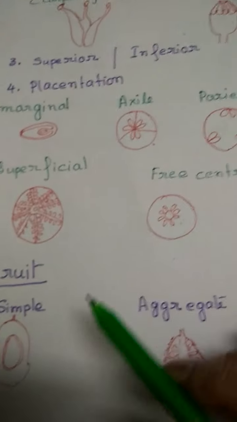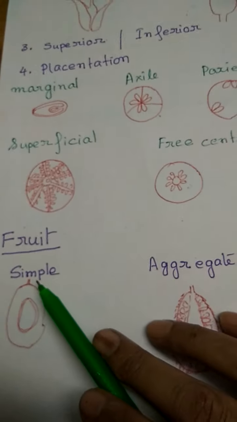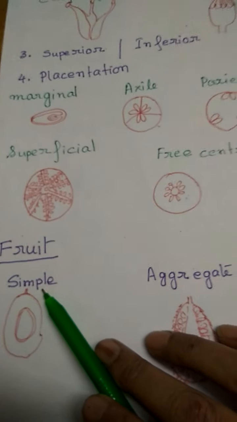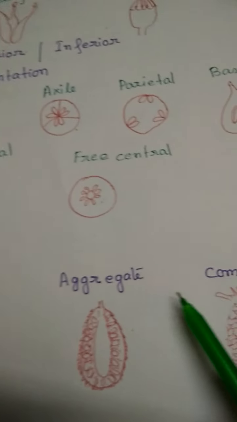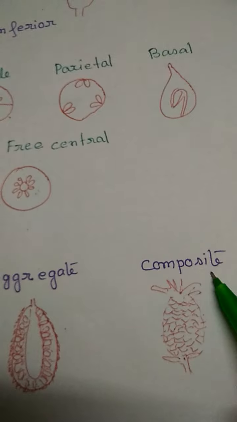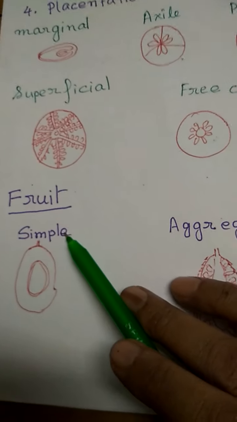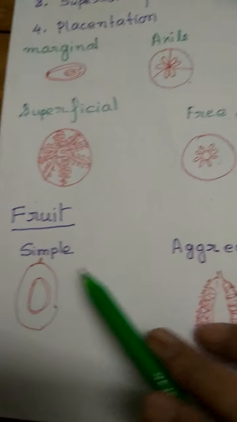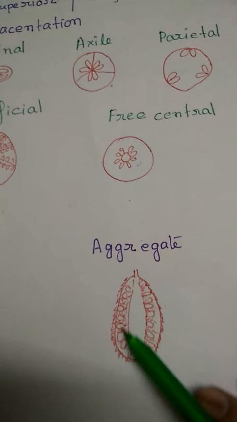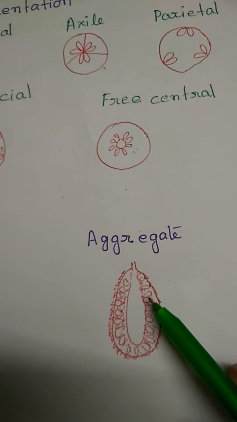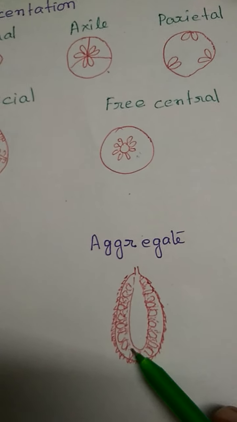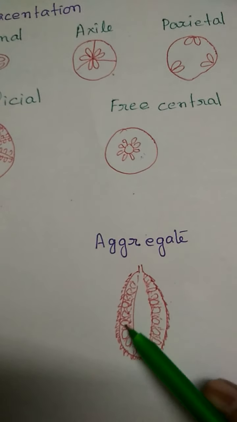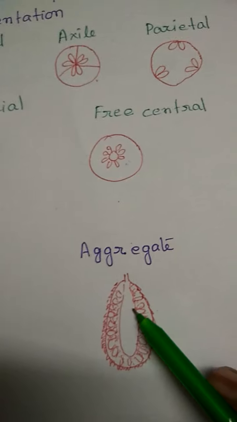Next one is type of the fruit. Mainly three types: simple, aggregate and composite. Now in case of the simple, one carpel gives one fruit. Aggregate means a number of fruits get attached to a common receptacle.